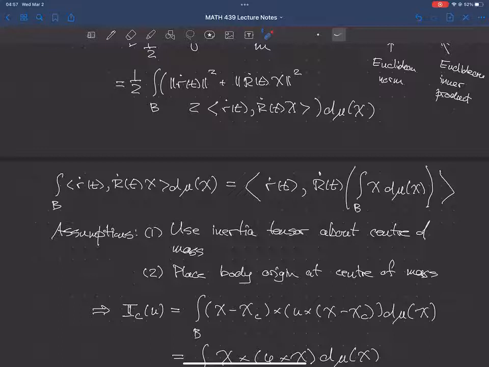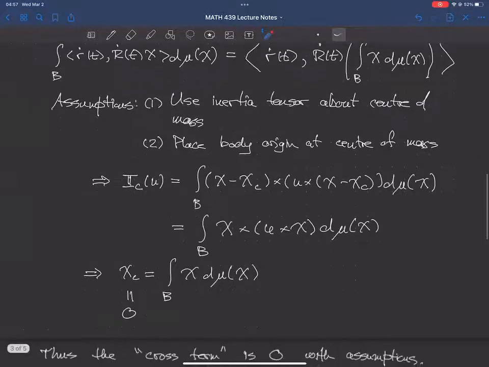Okay. So let's look at the effect of that. If you sum moments about the center of mass, that is reflected in our calculation here by our body frame having its center of mass at the origin, and we use the inertia tensor about the center of mass. The net effect was that this term was equal to 0.